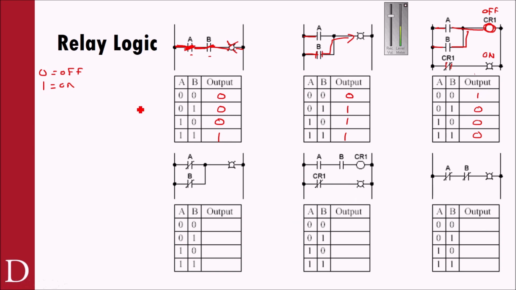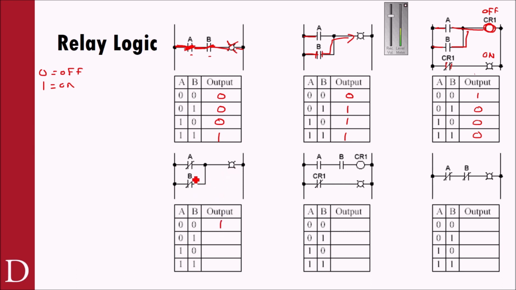I think this one's going to be very similar here. Think of this, if I turn on A, this is going to go to the opposite state, so it's drawn in the de-energized state. So the energized state is going to be opposite. So if A turns on, then this turns off, and I can't get through here, but I can still get through B. If B turns on and I don't turn A on, I can still get through A. So a 0 and a 0, I get an output, right?